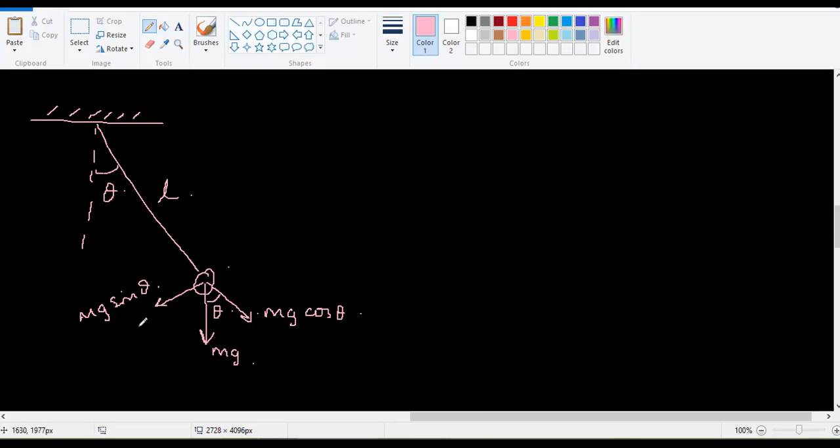You see, this is something like a circular motion, part of a circular motion, which means we'll be taking this restoring torque. Somewhere in your seventh chapter, we studied torque is equal to I alpha.